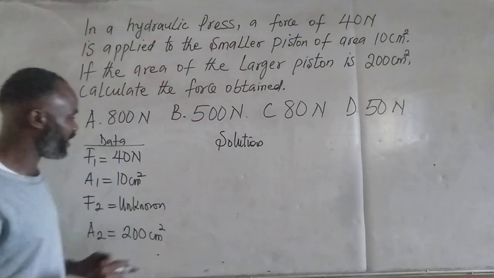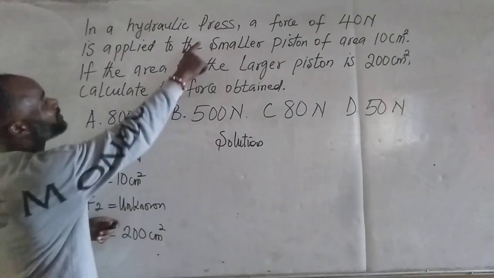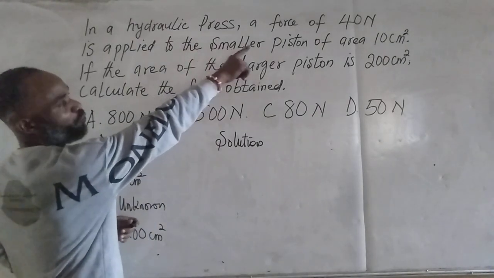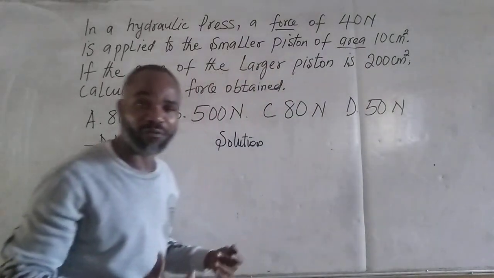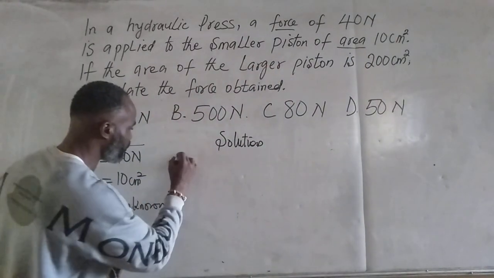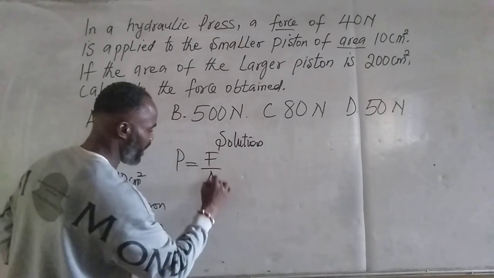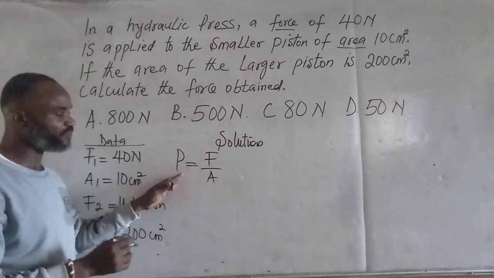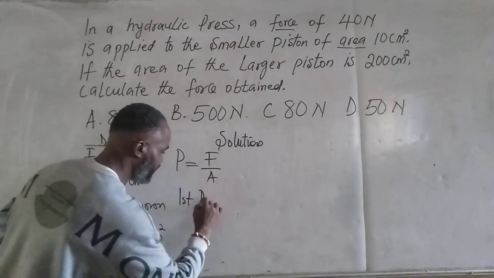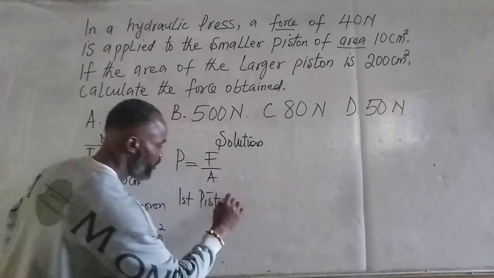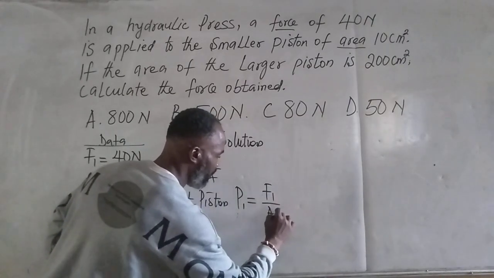The next thing we ask ourselves: how do we define pressure? If we have force and area, automatically we are referring to pressure. And pressure is simply P, force over area. So we can define this for the first piston: P1 is equal to F1 all over A1.